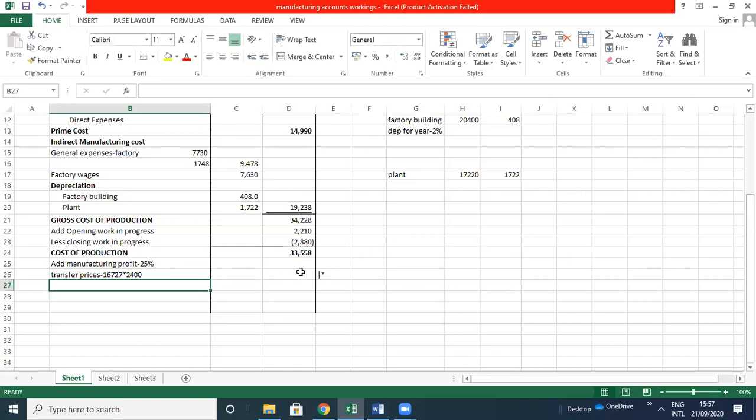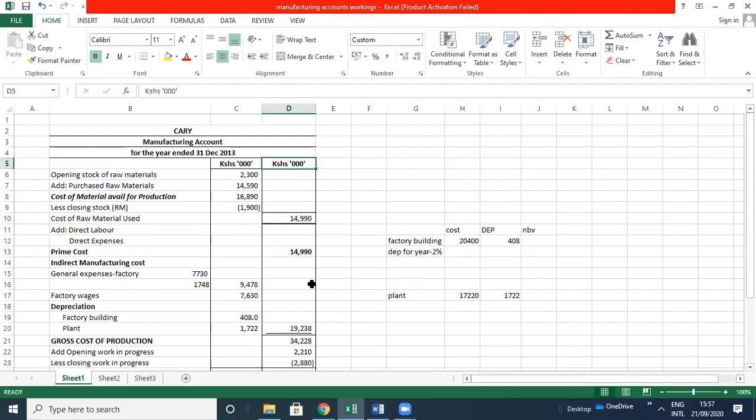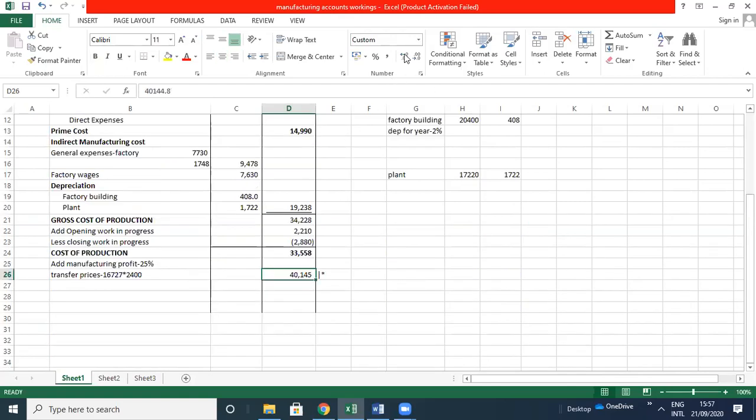Good. 144.8. 40. Remember, we have this one in thousands. So it will become 40. I need to put this into perspective. 4144. So what will be the manufacturing profit?